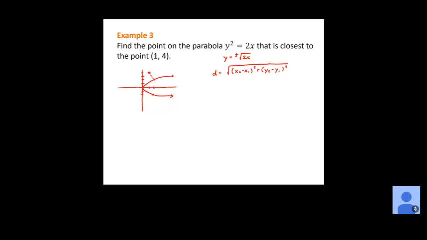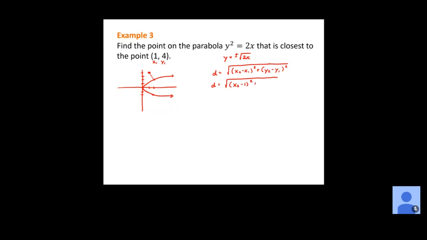Okay. All right. We don't know for sure the point 2, 2 though, right? Because it could be any point on that curve. The only point we know for sure is 1, 4. It's fixed, right? It's not moving anywhere. So I am going to go ahead and plug in the 1, 4 in this case. And I'm going to let this be my x1 and my y1 value, right? It could be x2, y2. It really doesn't matter. Okay, but I'm going to go ahead and put it in as x1.